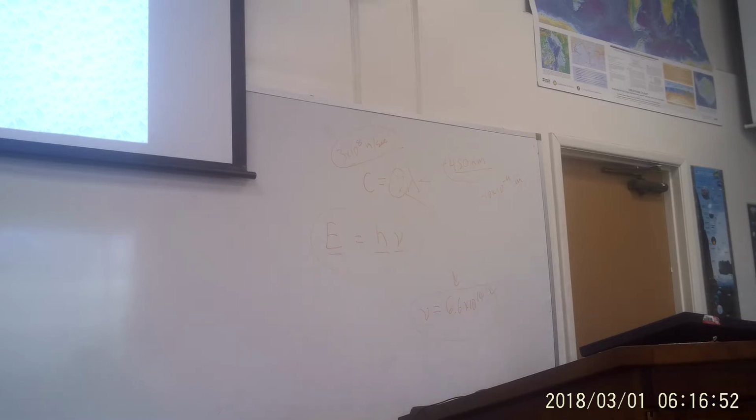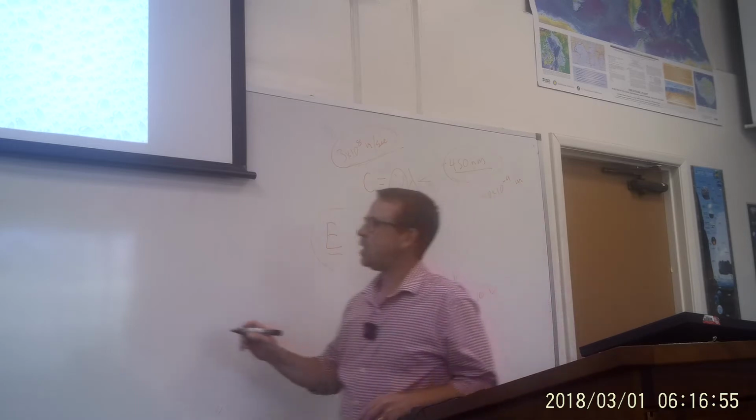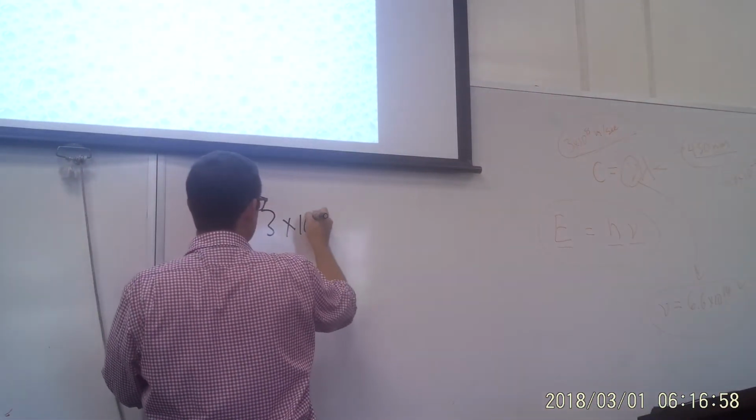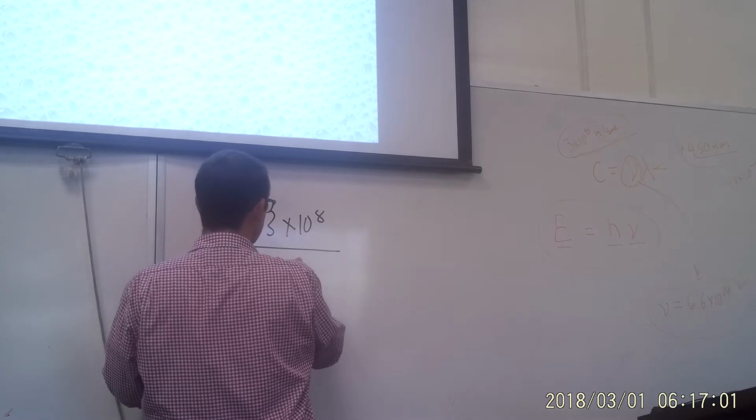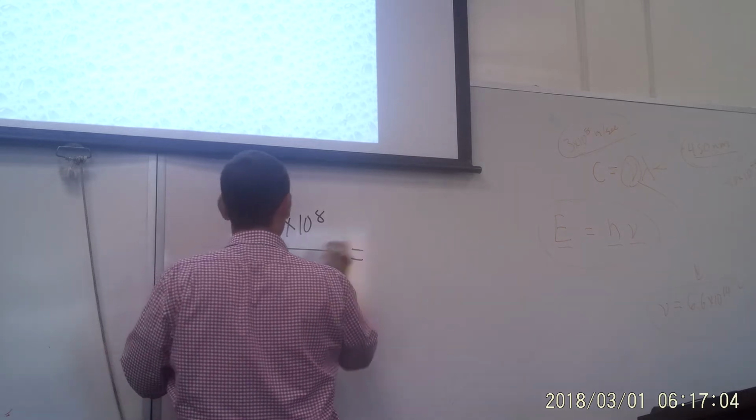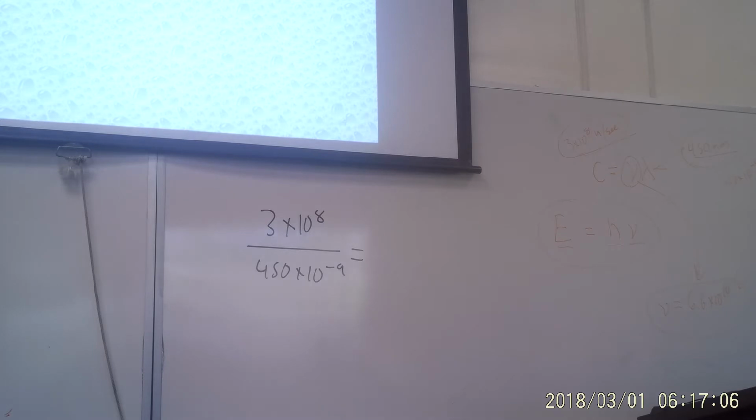Okay. Let's try it. Let's put it in the calculator. 3 times 10 to the 8th divided by 450 times 10 to the minus 9. Let's everybody work together. Put this in the calculator. Okay, so watch this. 3 times 10 to the 8th, all right?